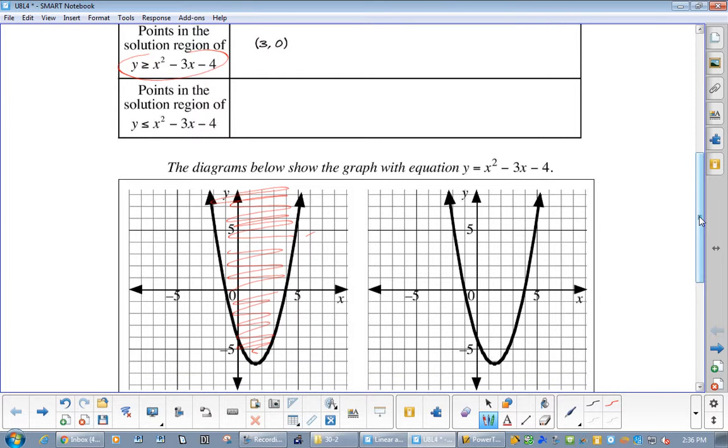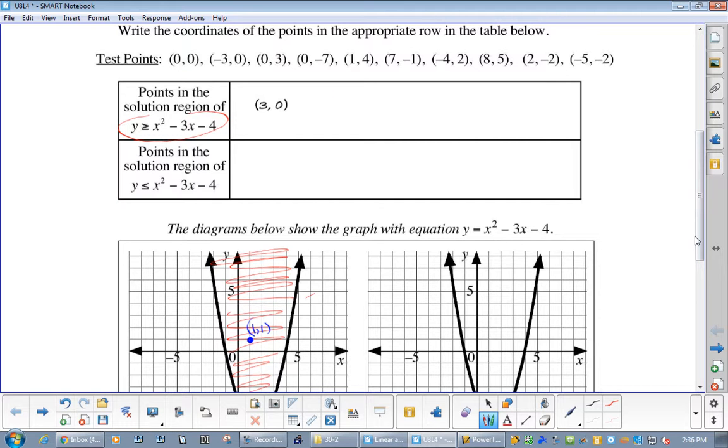Now, I want to pick a test point. Okay, this might even be on your test. Any point on here, I want to test it to see if I have picked the right one. This point right here is (1, 1). That is in my area, isn't it? Let's try 1. Here's my equation: y is greater or equal to x squared minus 3x minus 4.